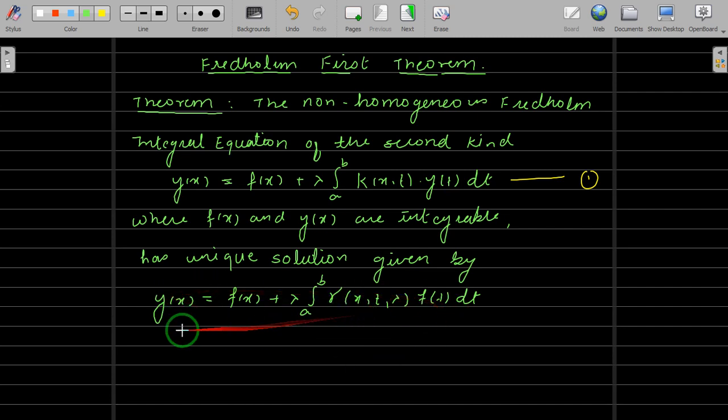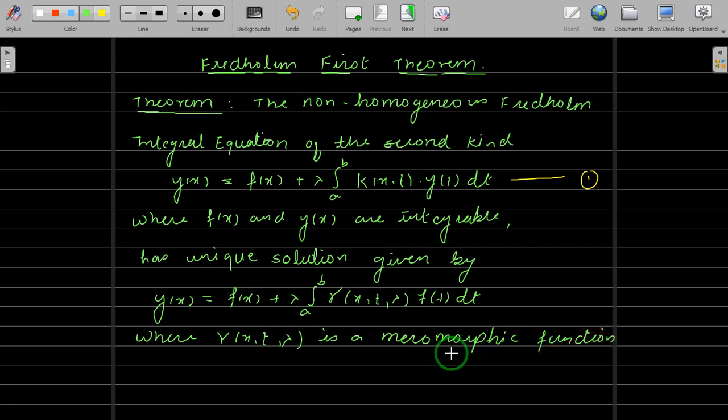the resolvent kernel, right? So here this gamma of x, t, lambda, a function of x, t and lambda, is a meromorphic function. This you need to check, what is a meromorphic function. It comes from functional analysis. First we define something called an analytic function, and this concept is extended, and you define meromorphic functions by defining poles and singularities, all those kinds of things.